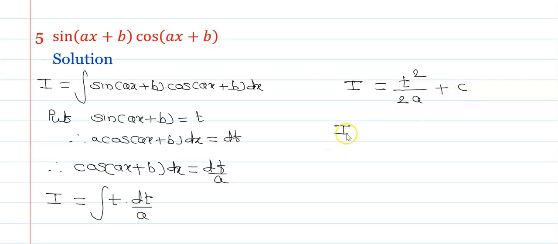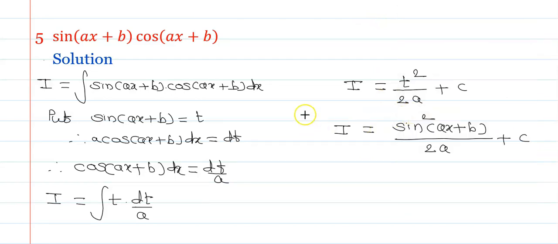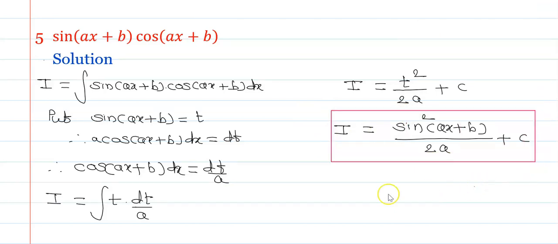Resubstitute the value of t, which gives sine square of (ax plus b) divided by 2a plus c. This is also one type of substitution, and you will get the answer.